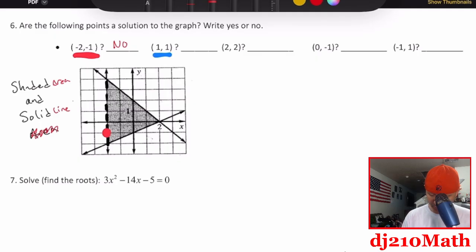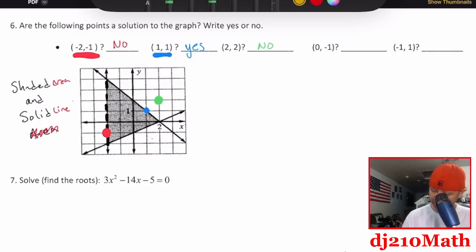So over 1, up 1. Hey, look, that's, yes, that is, because it's in the shaded area, but it's on the solid line. So yes, that is a solution. 2, 2. It's nowhere near. So no.